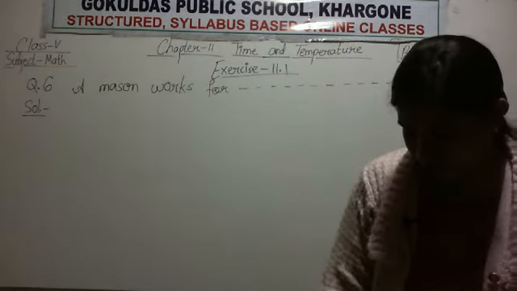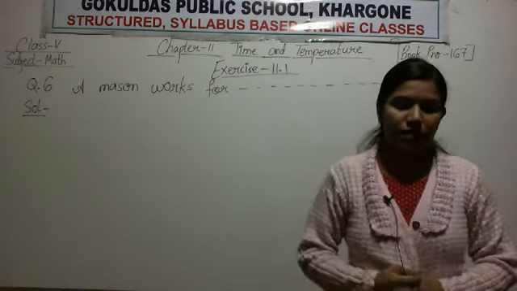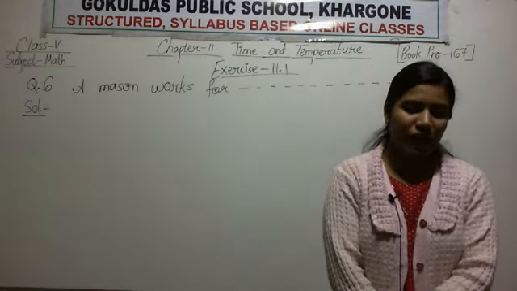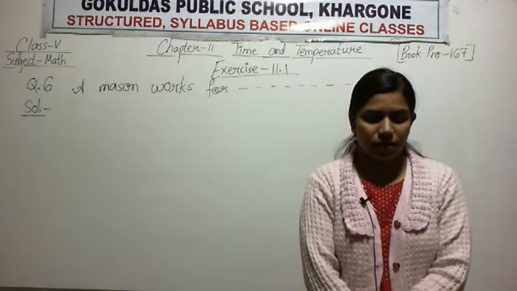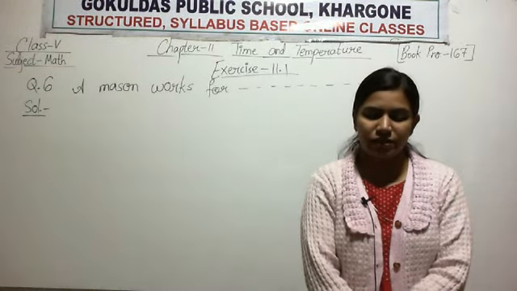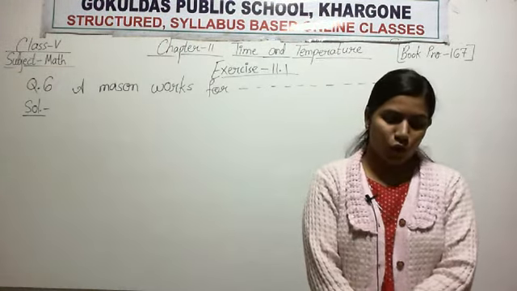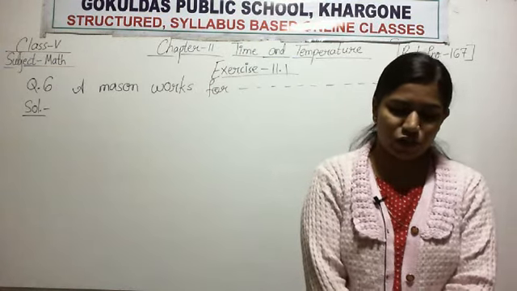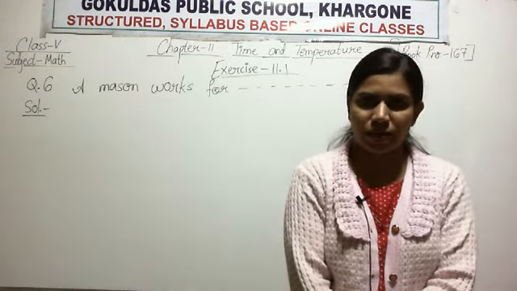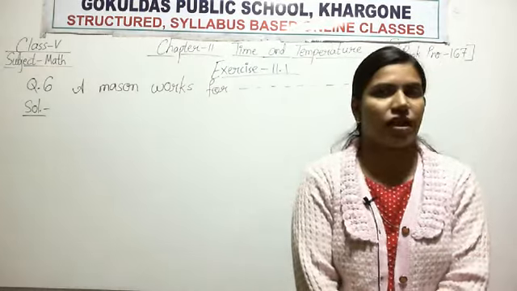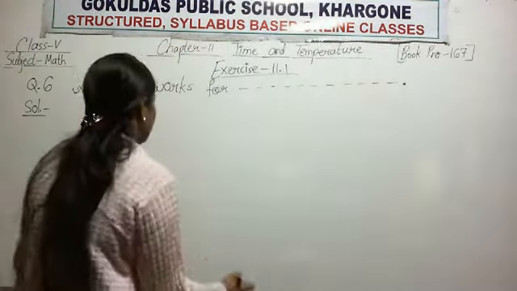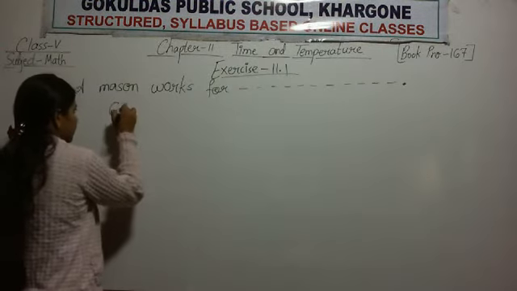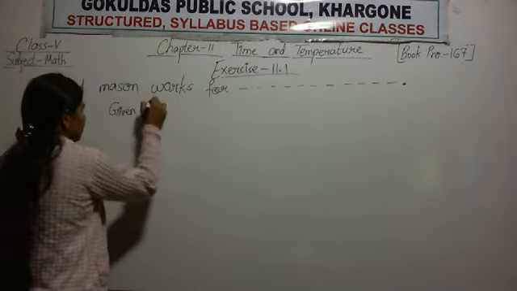Read it carefully. A mason works for 8 hours 20 minutes. Convert the time spent into minutes. So, here in this question we need to convert this time into minutes the same way as we have done in question number 5. So, first of all, let us write given time.